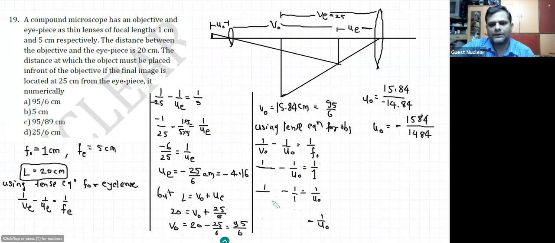Okay, so you can just put this 95/6 here. It will become 6/95 in the next step.